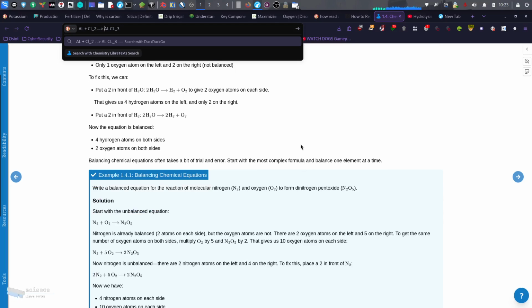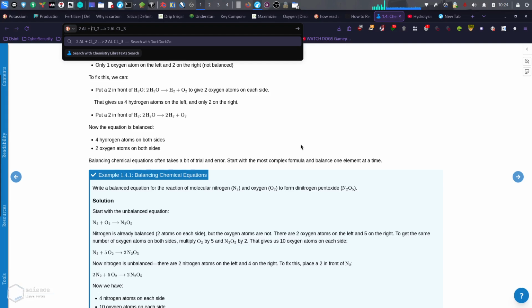Let's try again. Let's write 2 in here, 2 aluminiums. In here I see it is unbalanced. 2 by 3, 6.